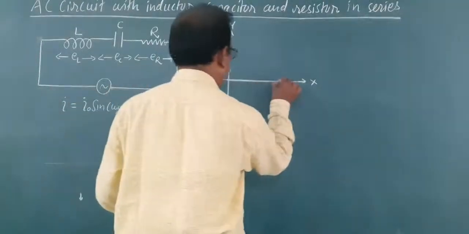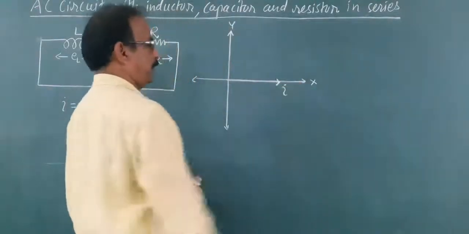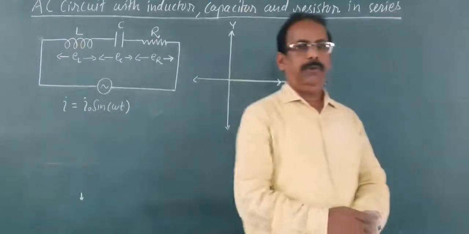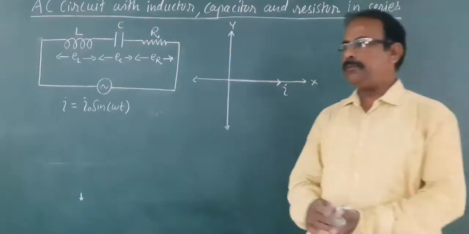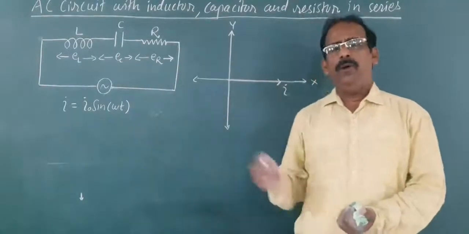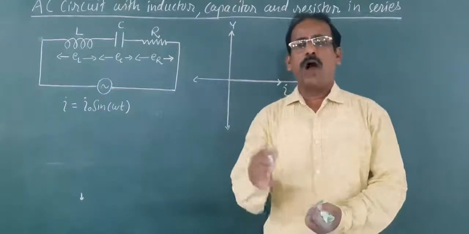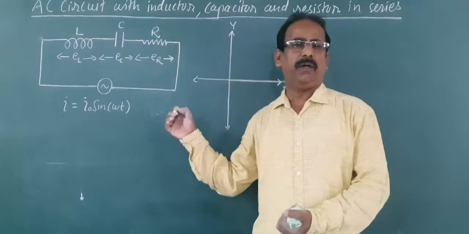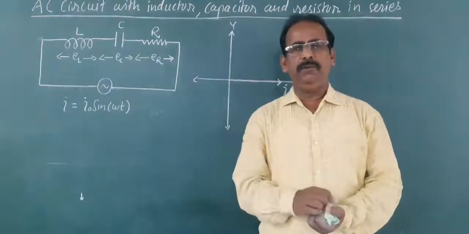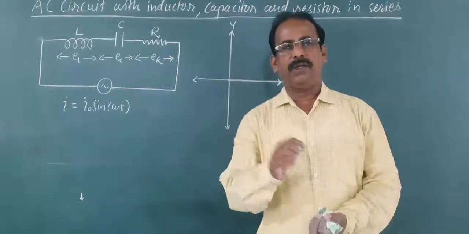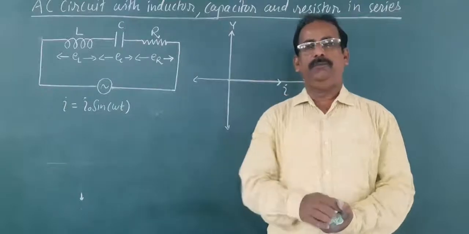This is phasor for current. This vector represents current. We have taken it on x-axis. Now, with reference to this phasor for current, draw the phasors for different EMFs: phasor for EL, phasor for EC, and phasor for ER.